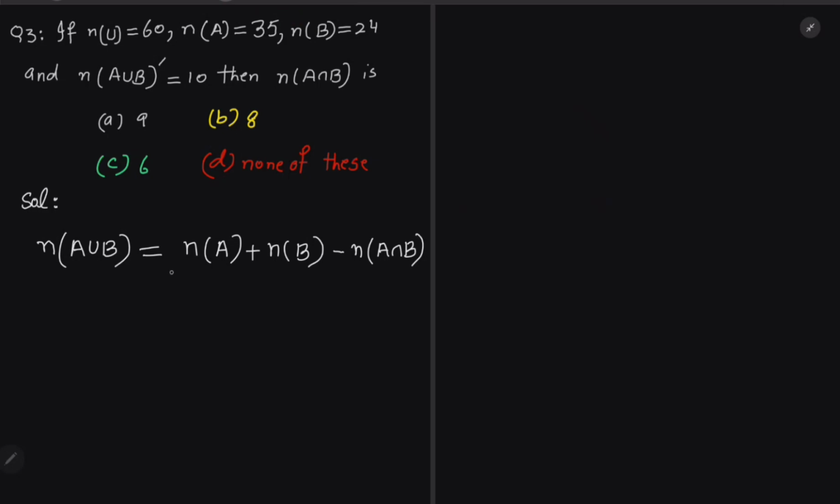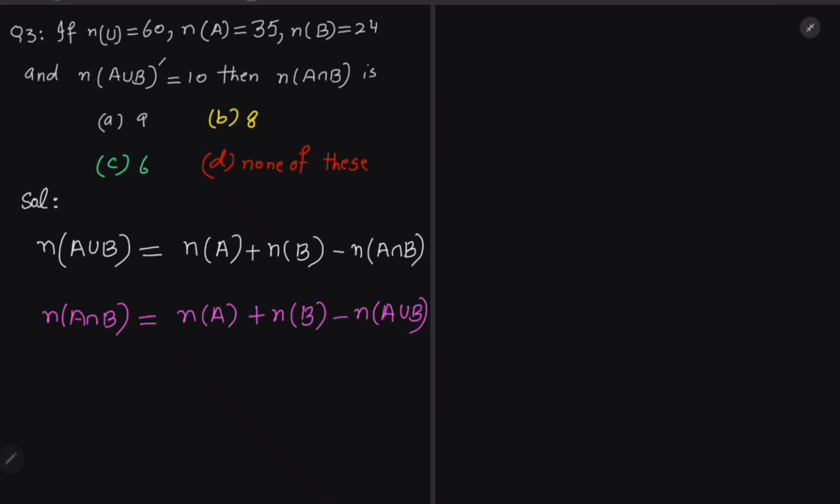So we have to find n(A intersection B), and in this formula we have n(A intersection B) on the right hand side. So this becomes the number of elements in A intersection B equals n(A) plus n(B) minus n(A union B).